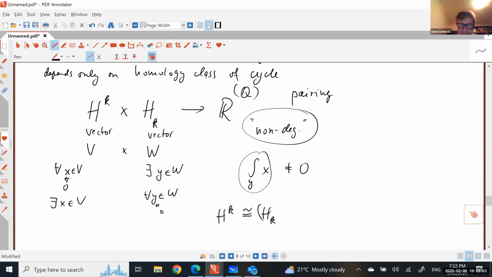More precisely, they are isomorphic to the dual, but we know that the dual space to a finite dimensional vector space is isomorphic to the original vector space. So in particular, they have the same dimension. If we have such a non-degenerate pairing, then we have, roughly speaking, as many closed forms which are not exact as we have cycles which are not boundaries.